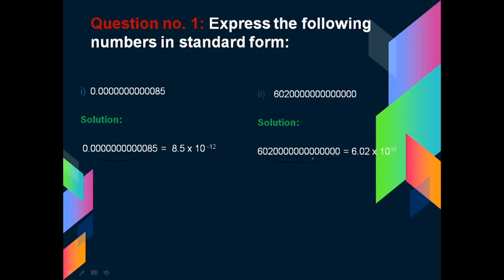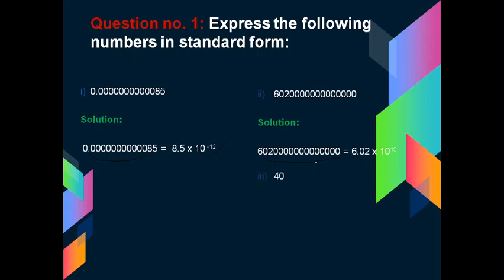So total number of digits are 15. So that's why here we have written 6.02 into 10 raised to the power 15. So here 6.02 we will write as it is because it is a non-zero number. Okay, and after that whatever zeros are given that we will not write. So this is how we have to convert a given number in a standard form.